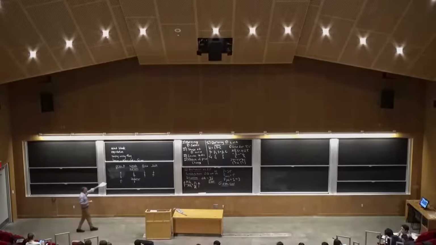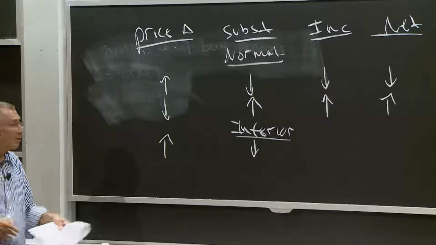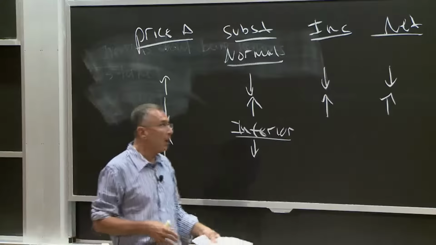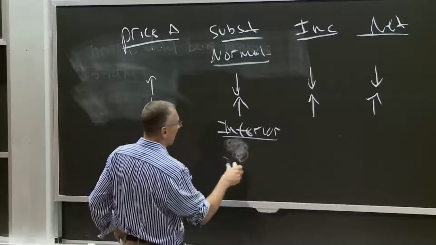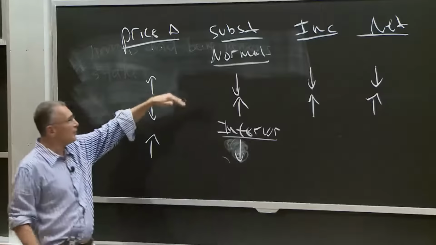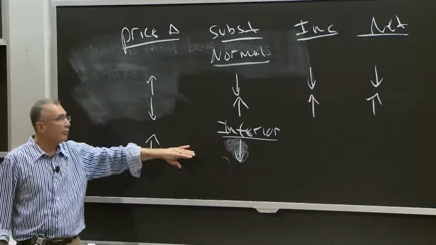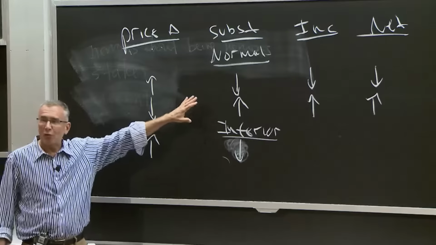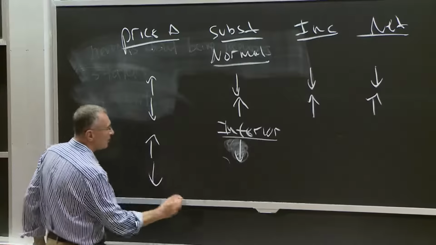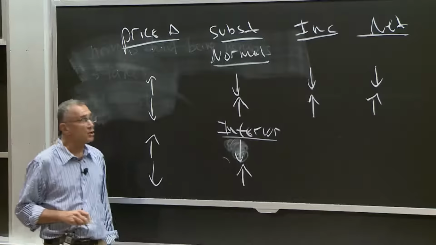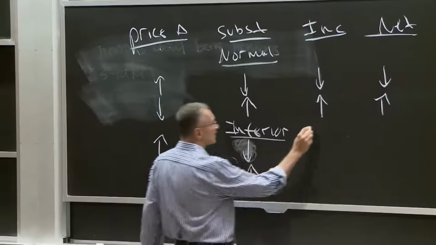Price goes up, substitution effect drives demand down. Price goes down, substitution effect drives demand up. Those never change. So here, if the price goes down, the substitution effect will be positive. What changes is the income effect.